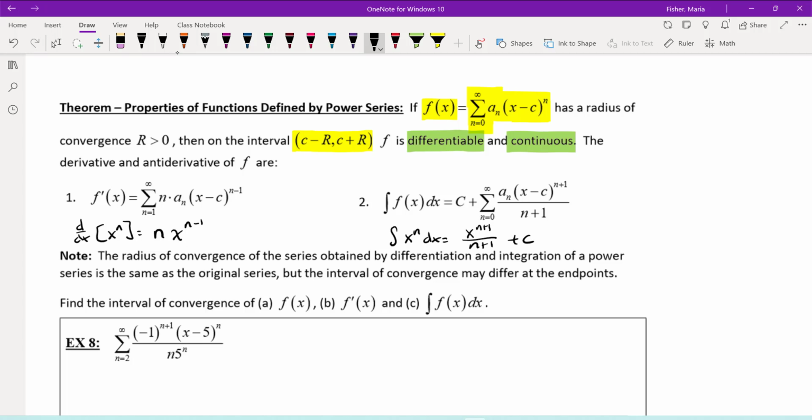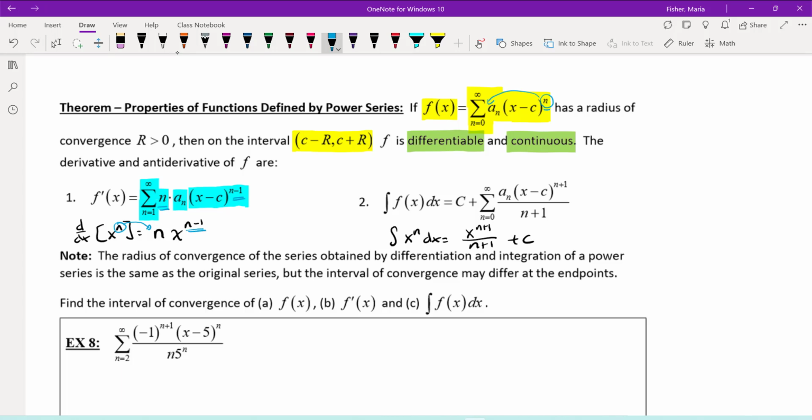So if your function is defined as a power series, it has a radius of convergence greater than 0, then its derivative is going to equal the sum from n equal 1 to infinity of n times a sub n times x minus c to the n minus 1. If you think about it, all we've done is taken this n and gone and multiplied the front like we do here. Take the n, go and multiply the front, and then raise it to 1 less.